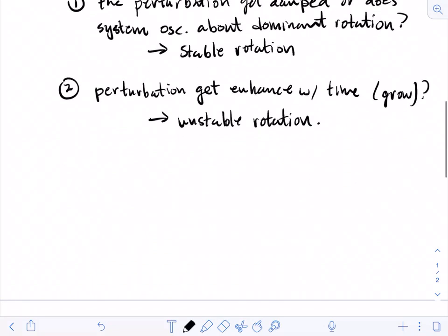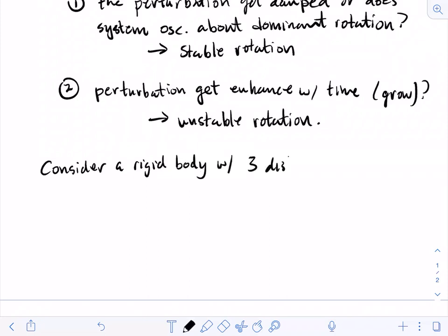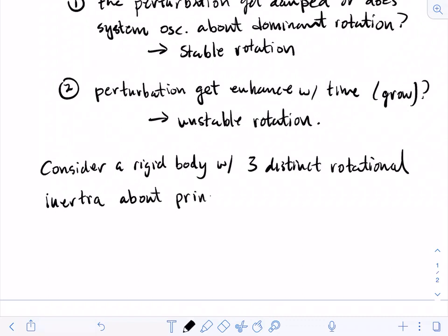Okay, so we consider a rigid body with three distinct rotational inertias about the principal axes.